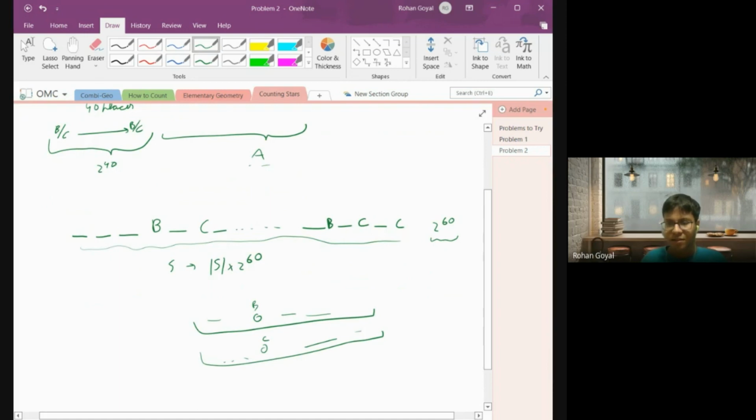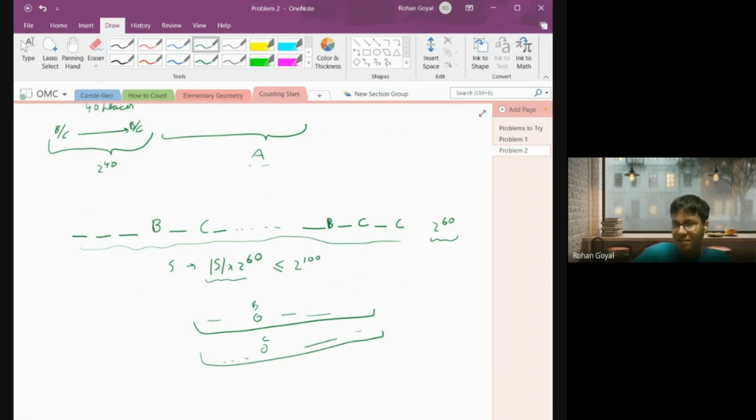So |S| times 2 to the 60 is less than or equal to 2 to the 100, because all words you're creating are distinct and there are at most 2 to the 100 words, since every place could have B or C.